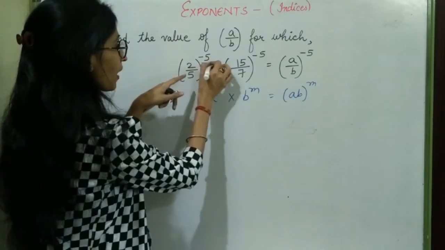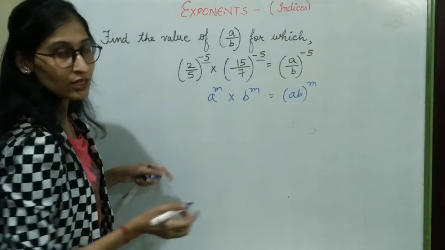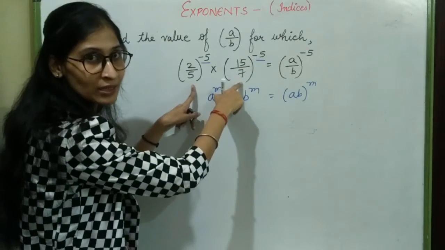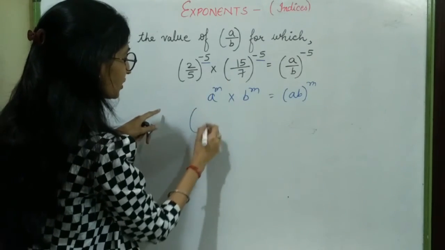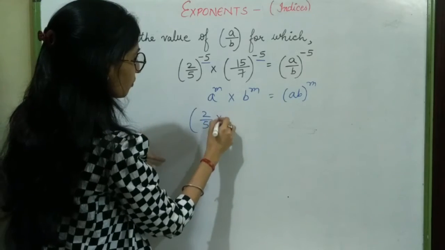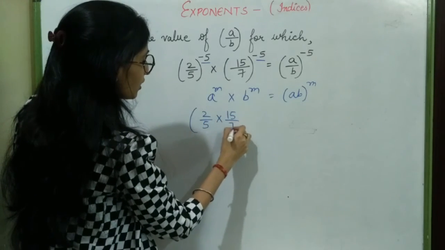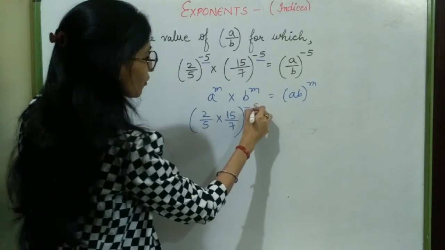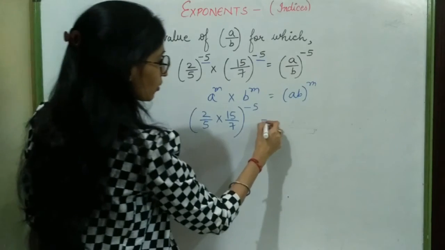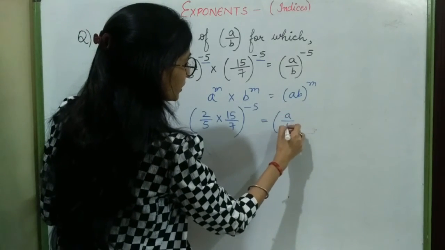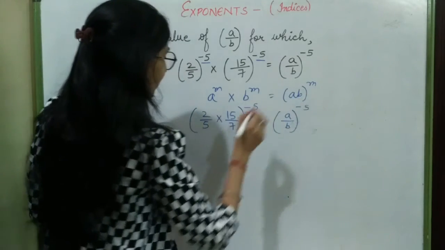Here also the powers are same. So I can now multiply the bases. So this can be written as 2 upon 5 multiplied by 15 upon 7 raised to power minus 5 equals to a upon b raised to power minus 5.